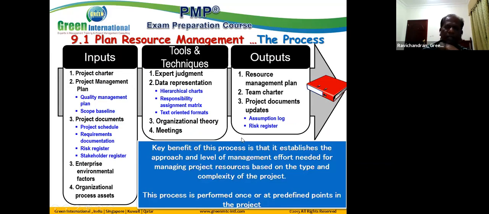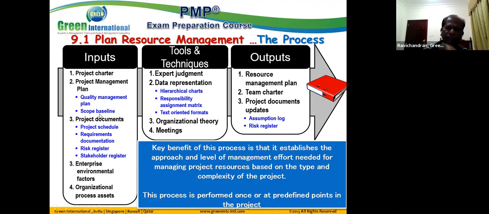Let us look at the first process, plan resource management. So when I want to come up with a management plan for managing the resources, what do I need to have in my hand? The project charter helps me. Project management plan information like the quality management plan, what kind of methodology, technology, standards, procedures we are utilizing, is useful information.